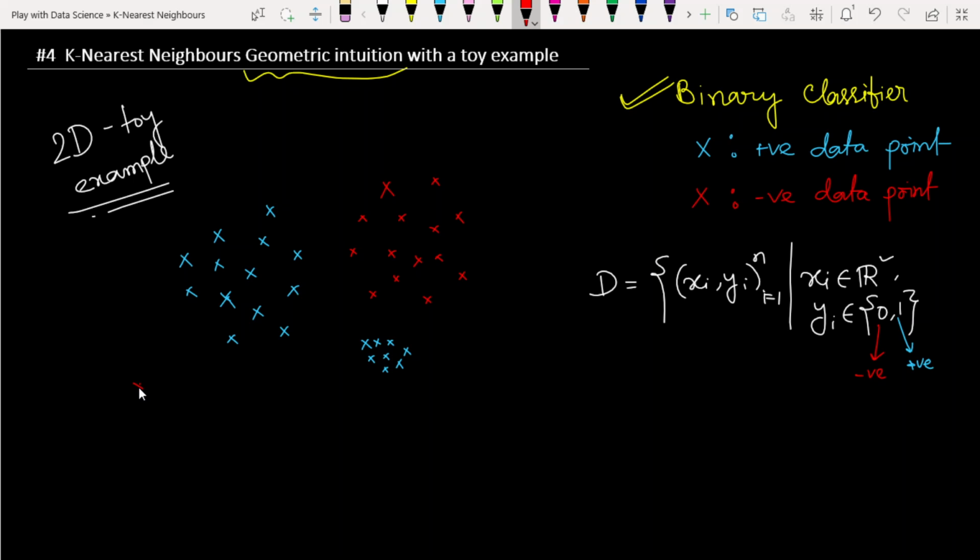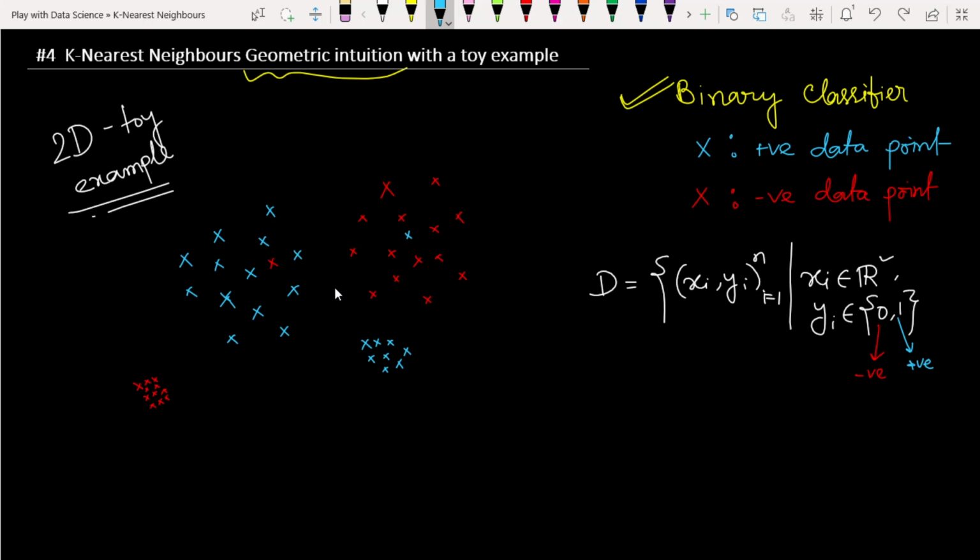The blue points are positive and the red points are negative. Suppose we also have one negative point among the positive data points, and one positive point among the negative ones. If we plot our data, it looks like this.